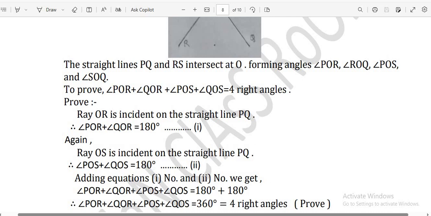Again, ray OS is incident on the straight line PQ. Therefore angle POS plus angle QOS is equal to 180 degrees, equation number 2.